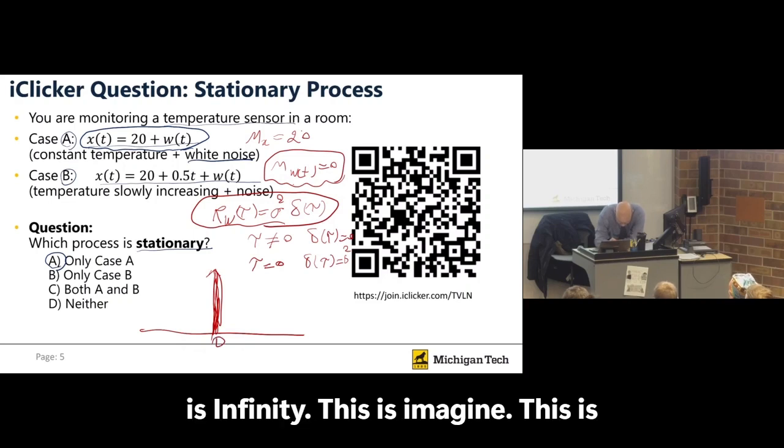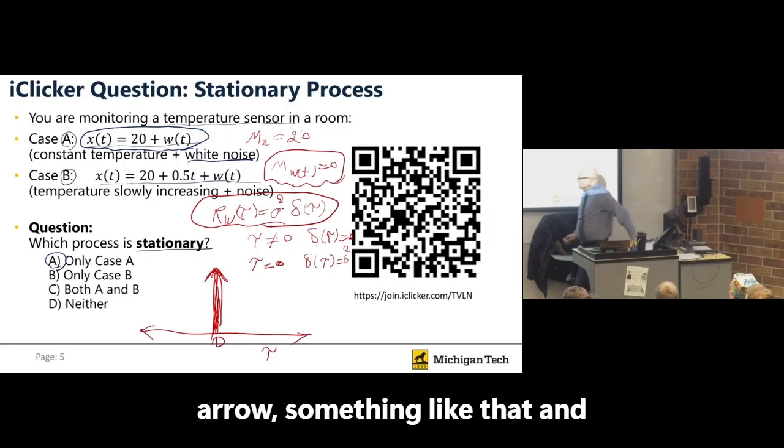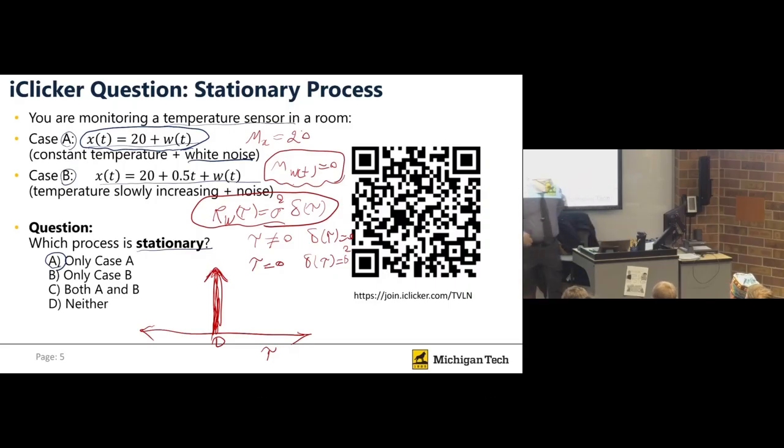Imagine this is tau. We show it with an arrow, something like that. And this is the Dirac delta function.